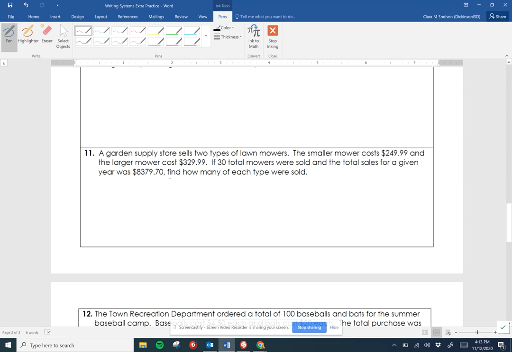Remember, we look at our question to see our variables. How many of each type?